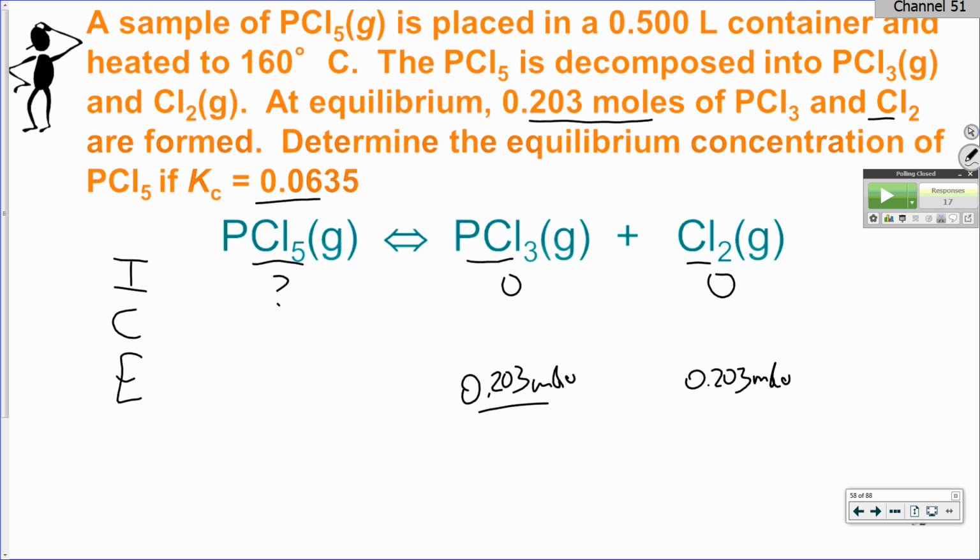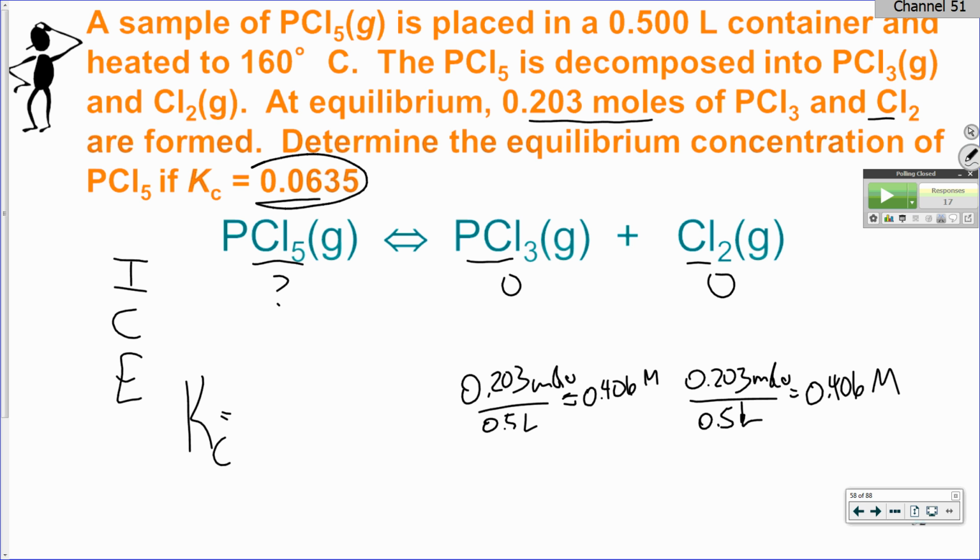It tells me it's in a ½ liter, 500 milliliter container. So if I divide those each by ½ liter, it's 0.406 molar.